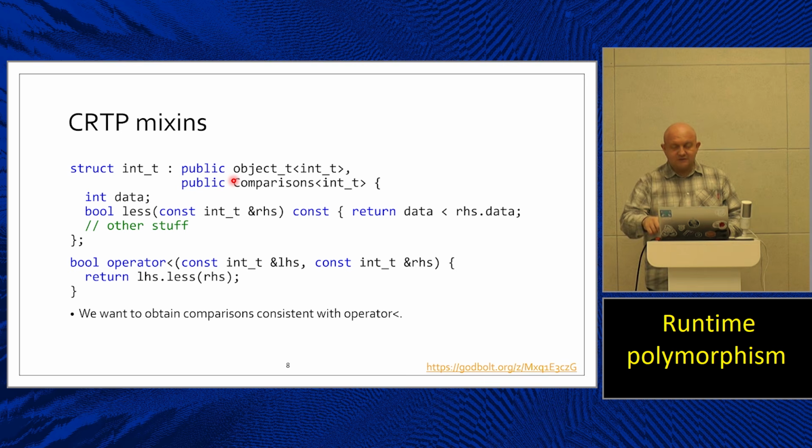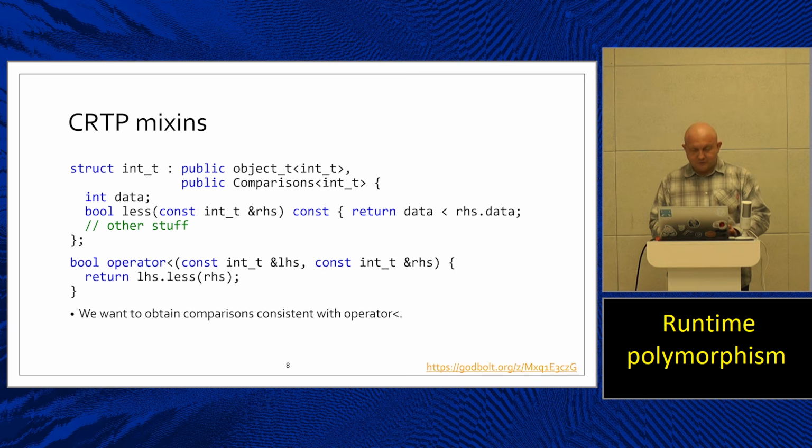Then it generates equal, not equal, greater, less or equal, and so on in terms of that primitive, in terms of equal function. And all comparison operators appear automatically once int of t derives from comparisons.